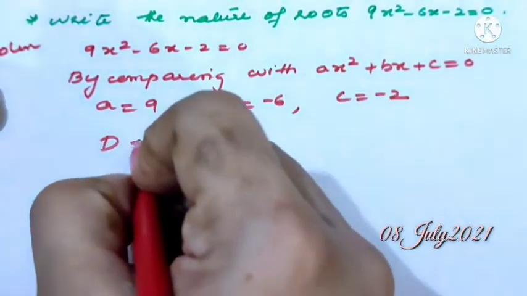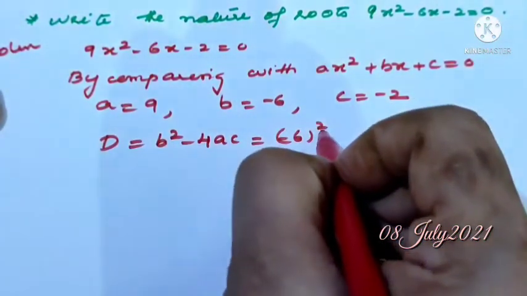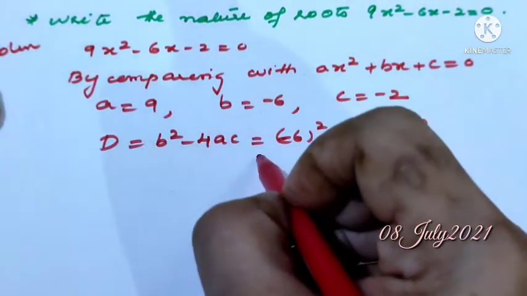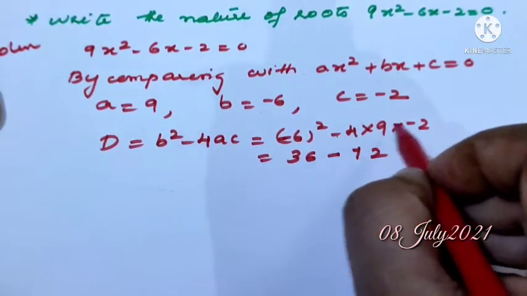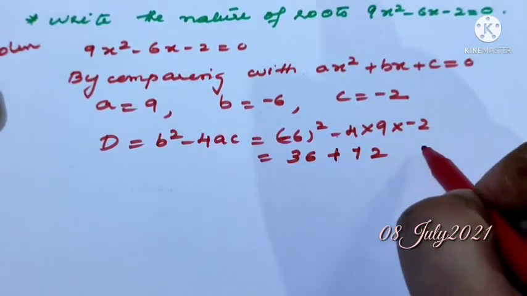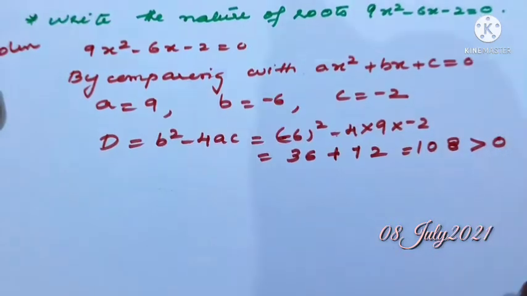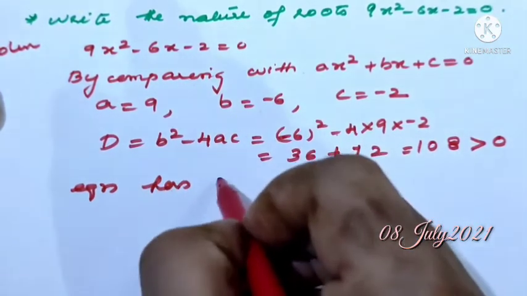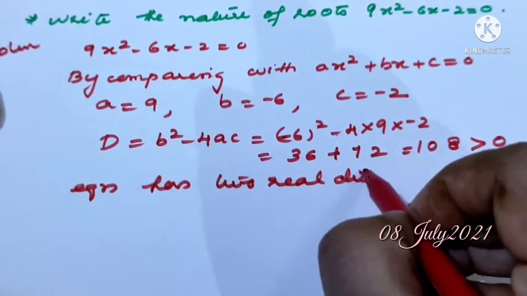So D equal to b square minus 4ac, minus 6 whole square minus 4 into 9 into minus 2. So 36 plus 72, it is equal to 108, greater than 0. So the conclusion we can write: the equation has two real distinct roots.